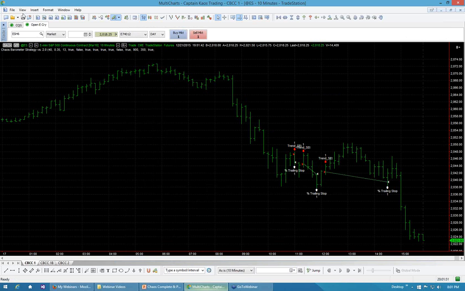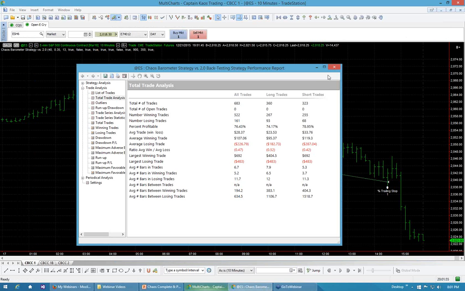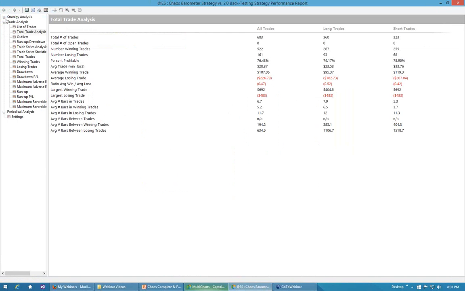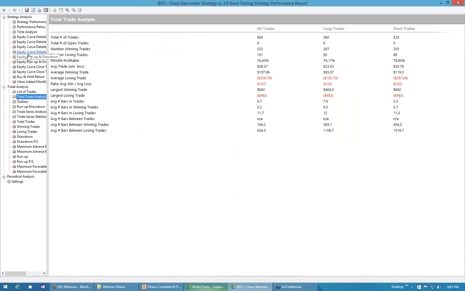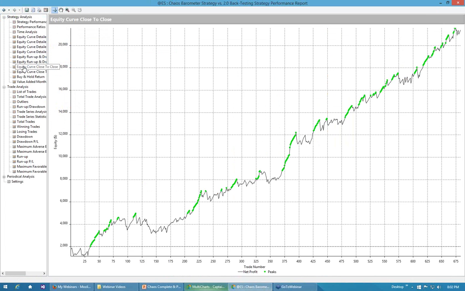Let's take a look at the performance here. First, let's look at the equity curve. All right, here's the equity curve of this particular system. This is using the Chaos Barometer with trailing stops, and what you see here is a very accurate system.